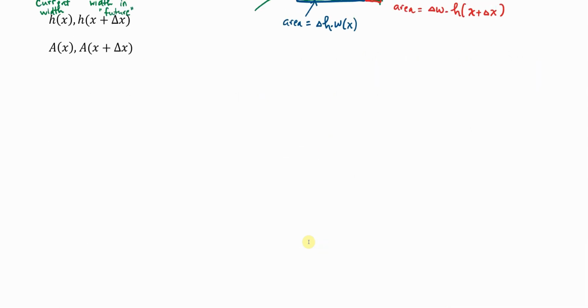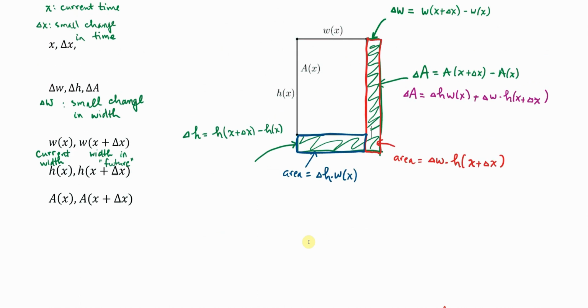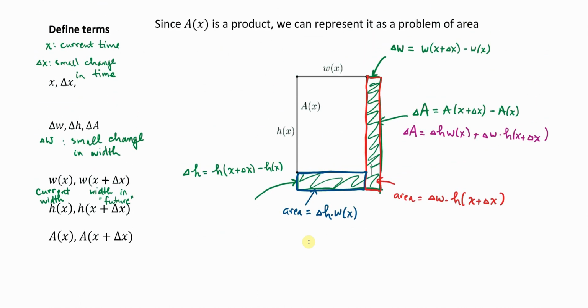Okay, so let's look at delta W. Delta W is actually this right here, right? Delta W is really W of x plus delta x minus W of x.